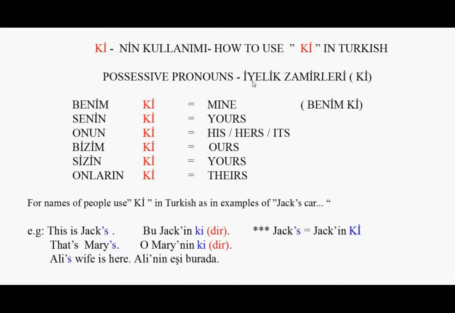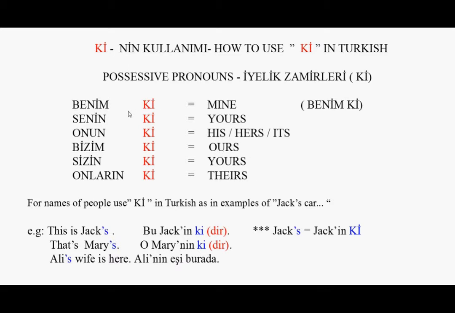Possessive pronouns, or in Turkish we say for this title, guys, iyelik zamirleri. Okay, so as you see on the right side, you see the examples of possessive pronouns. Personal possessive pronouns: mine, yours, his, hers, its, ours, yours, theirs.